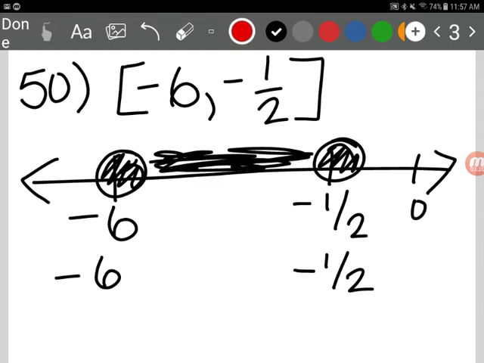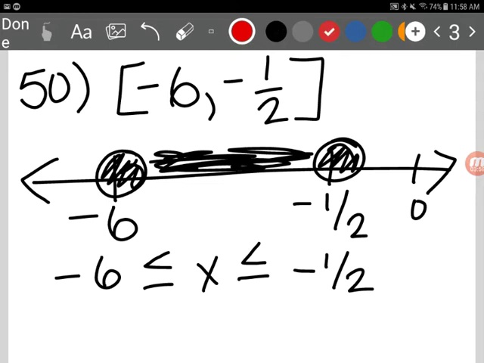So we're going to let that be represented by X. Anything that's in between -6 and -1/2, we're going to represent X. If I look at -1/2, I notice that it's shaded to the left. So if I'm going to the left of -1/2, that means it is less than or equal to -1/2. If I look at the -6 and I look to the right, it is now greater than or equal to -6.